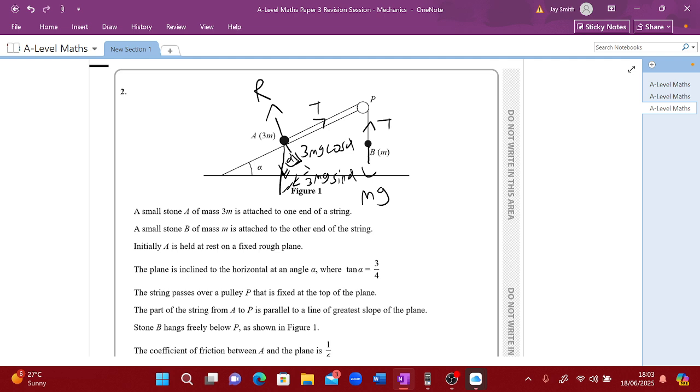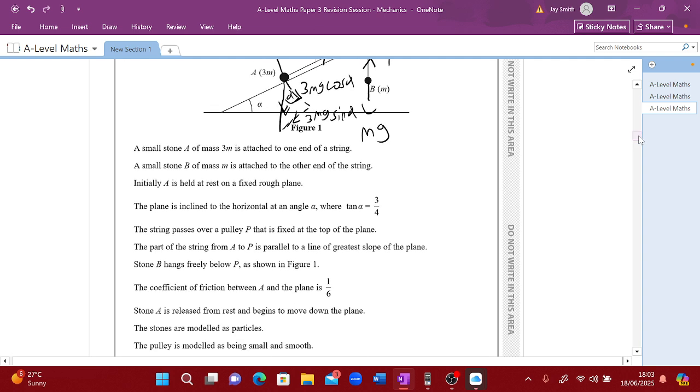Why is the T equal? What does it say about the string?